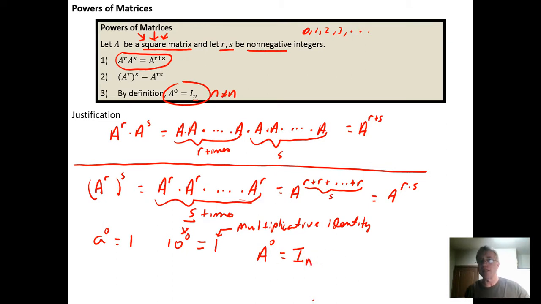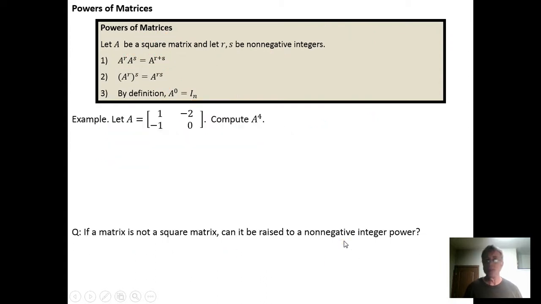And remember, the identity matrix was the diagonal matrix whose diagonal has all 1s in it, and all the other entries off the diagonal, because it's a diagonal matrix, are 0s. So these should look similar to the exponent rules that you are already familiar with. And then we can use the exponent rules to do some basic computations.